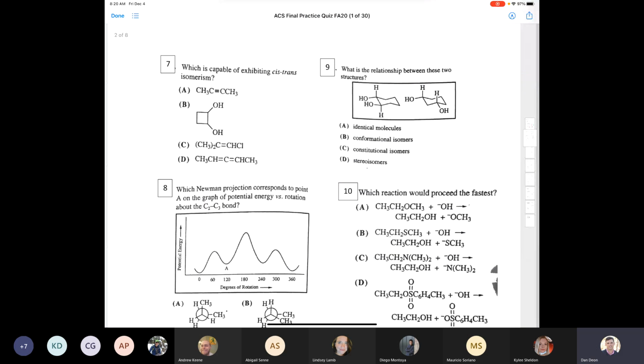Number 7, about cis and trans, asks us which is capable of exhibiting cis-trans isomerism. I'll give you a second to think about that one. Evaluate these structures.